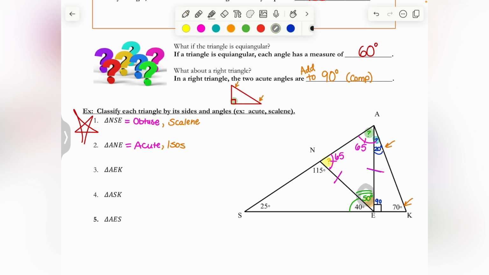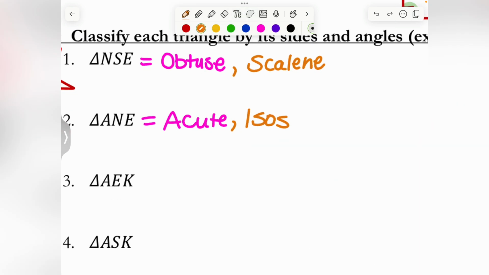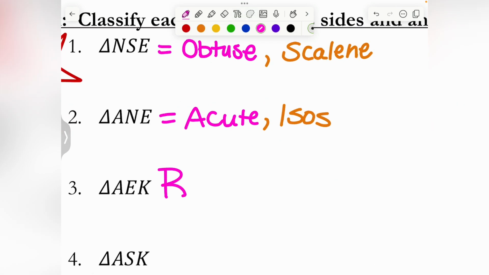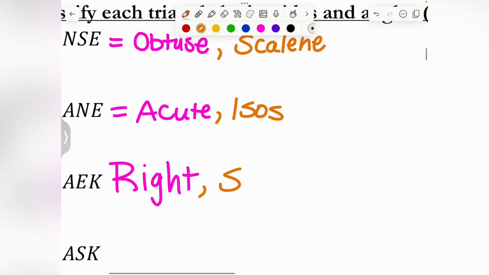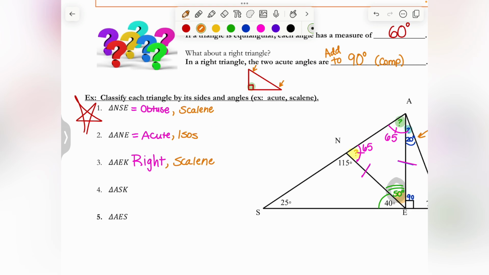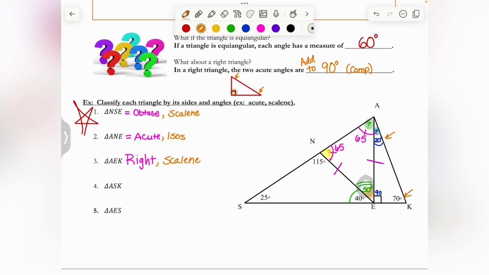AEK. AEK is this right triangle. So this is a right triangle. And all three angle measures are different, which means all three sides are different. Scalene. Now we're going to get a little bit harder.